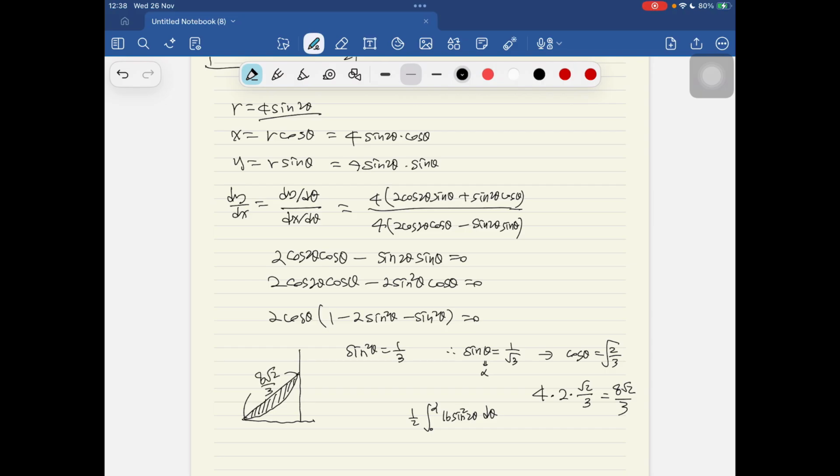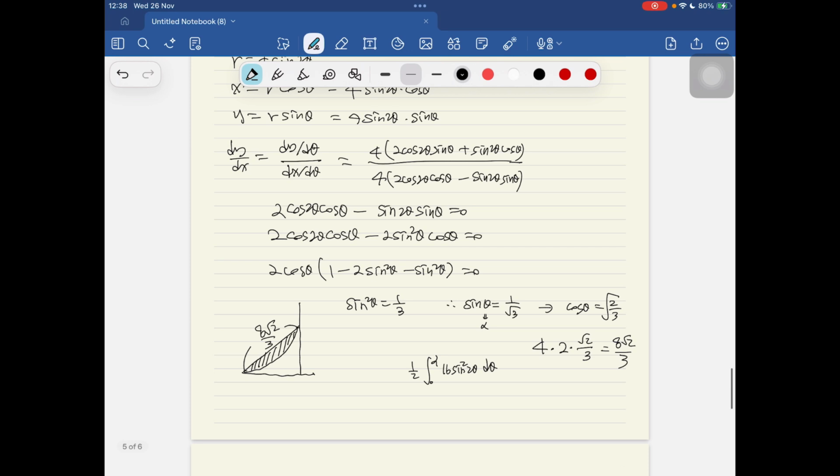And we know sine theta is 1 over square root of 3. So this height is 8 square root of 2 over 3 times 1 over square root of 3, so 16 over 3 square root of 3.